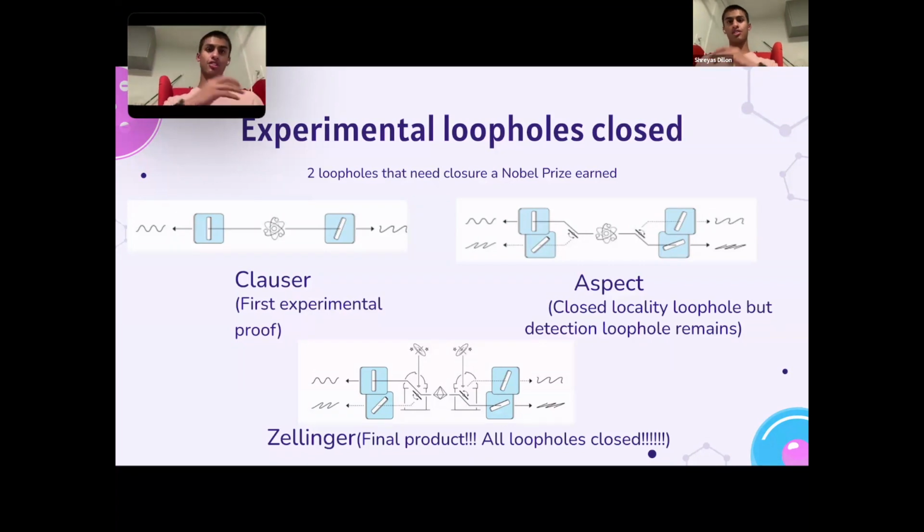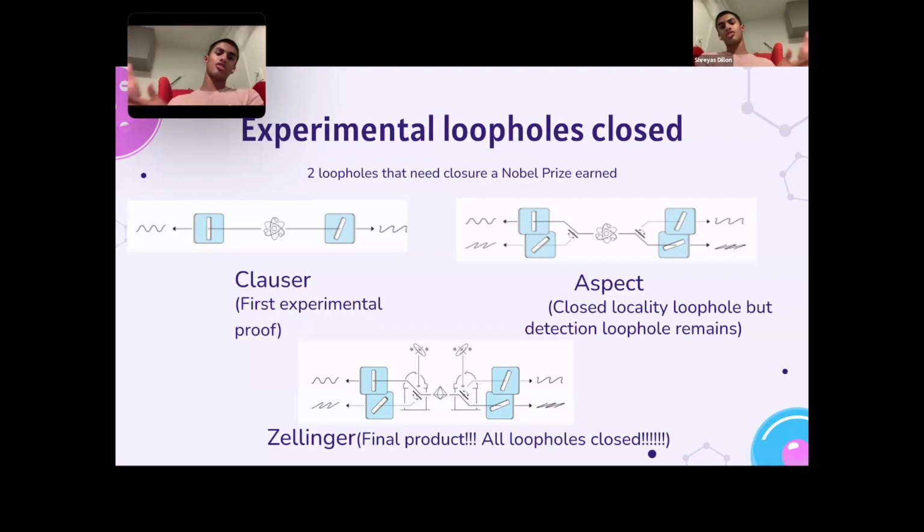This detection loophole was based on the heralding efficiency of these detectors. That is basically the number of times that both particles were detected. So when technology was a lot worse, these particles could only be detected a very small portion of the time, skewing our sample and making our data pretty bad.